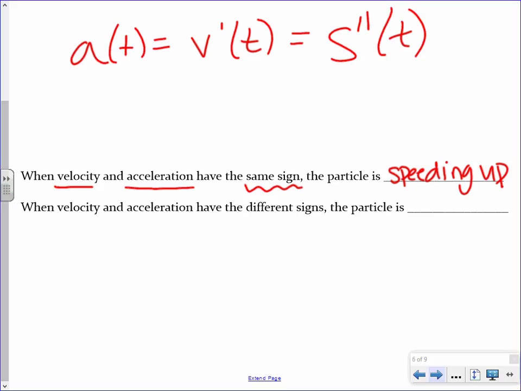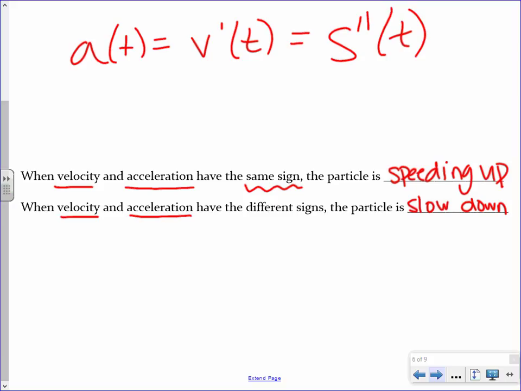Okay? Now, if you are moving in one direction but accelerating in a different direction, you have positive velocity but negative acceleration, that is going to cause you to slow down. You are backing up out of your driveway, so you're moving backwards, but you hit the brakes, so you're decelerating, right?